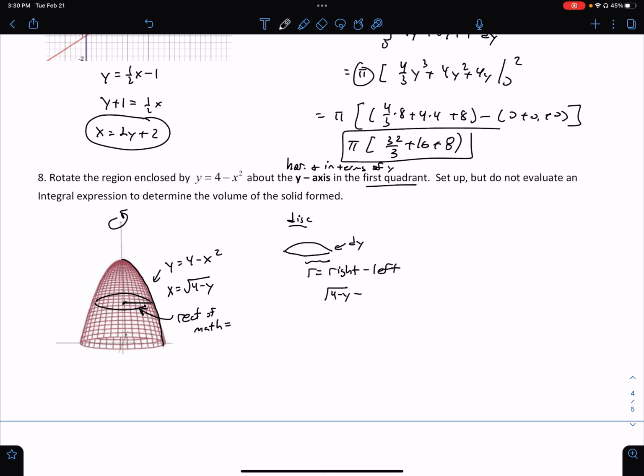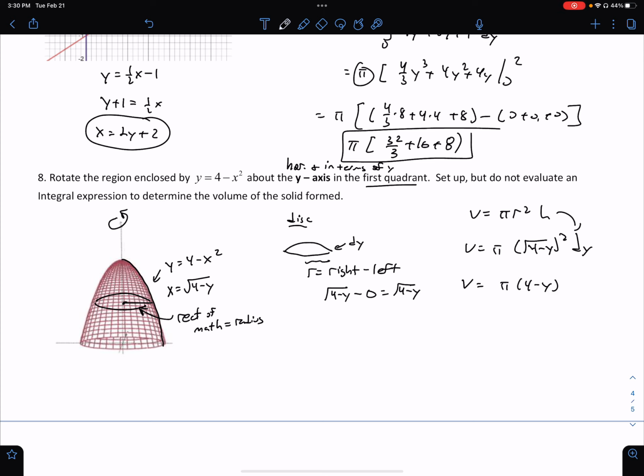We measure to the y-axis, which is just going to be 0, and we get square root of 4 minus y. My volume, pi r squared h. Pi, my radius, the square root of 4 minus y squared, dy this time. And I'm going to clean that up a little bit. That's just 4 minus y dy.